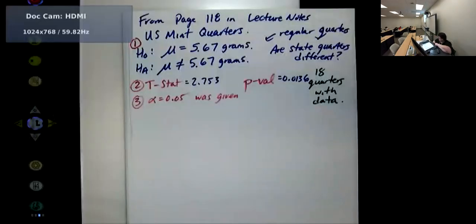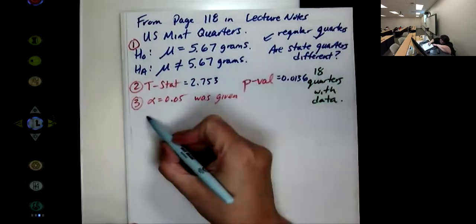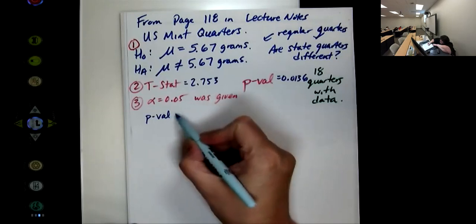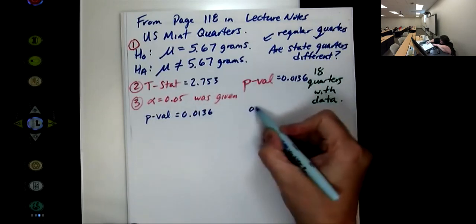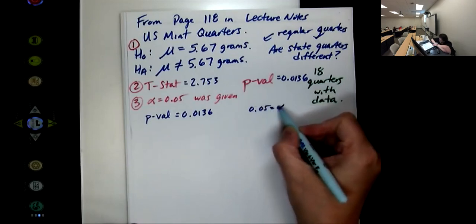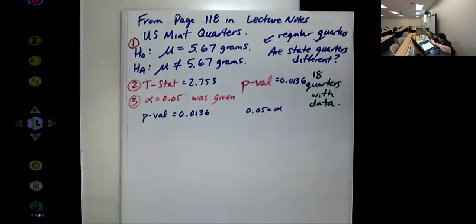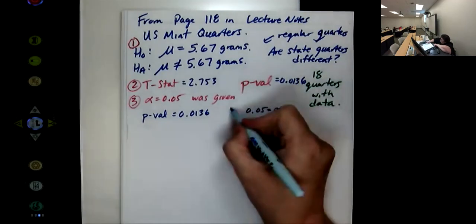So now we can finish our test. We have our p-value. We have our alpha. Is the p-value less than or greater than alpha? It's less than.